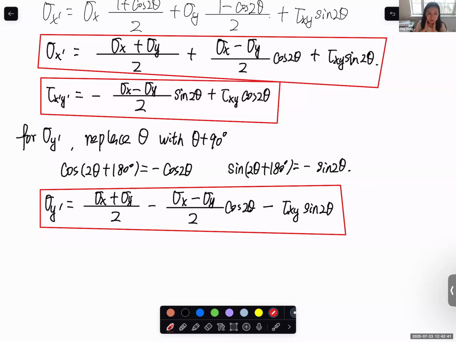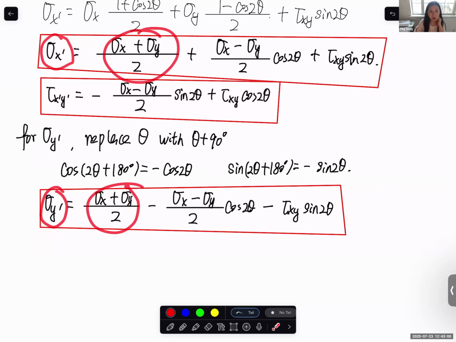And now also, let's compare this equation and this equation. Something we can easily see is that if we add these two equations, sigma x prime plus sigma y prime equals sigma x plus sigma y, and this term cancels out, right?